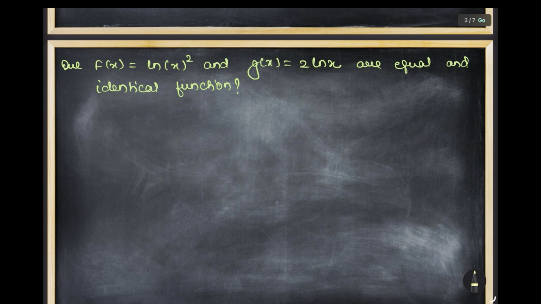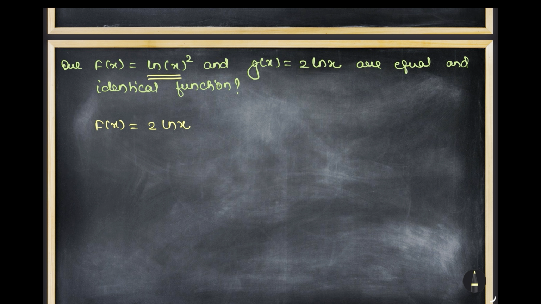Here also, if you observe now, you will feel that, sir, I can write down this thing. If anything is in the power of the argument of log, it comes as a coefficient. So 2 ln x. And sir, here also 2 ln x. So both are the same, sir. So again, I am telling you, you are not allowed to change the question. From here only try to find out the domain.